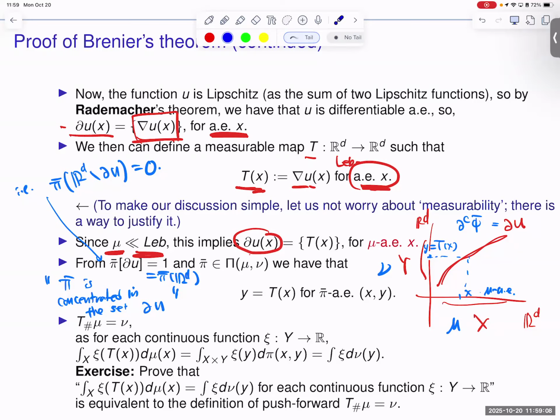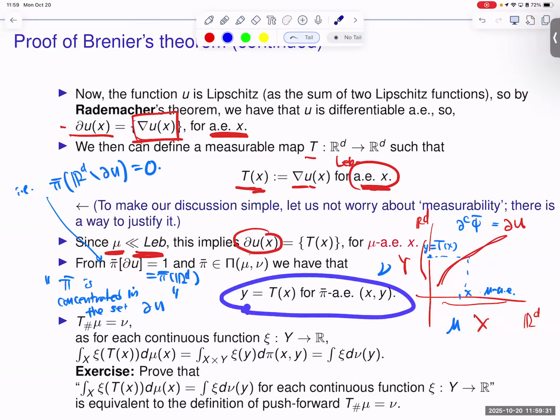Okay, and this relation that you have this mapping relation between x and y in pi bar with this mapping T is exactly the same relation that the mapping T pushes forward this marginal mu of pi bar to the other marginal of pi bar.